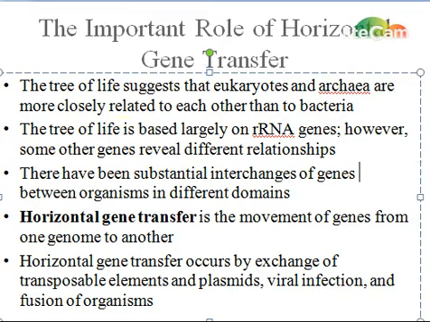The acquisition of DNA through horizontal gene transfer is distinguished from the transmission of genetic material from parents to offspring during reproduction, which is vertical gene transfer. So when we find disparities between the phylogenetic trees that are showing the relationship of genes, those disparities can be explained by this horizontal gene transfer.